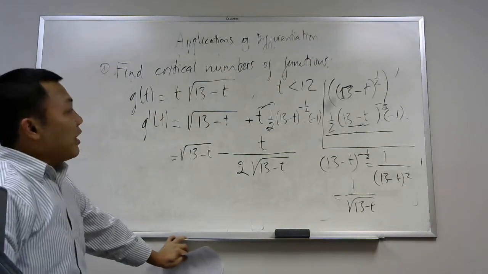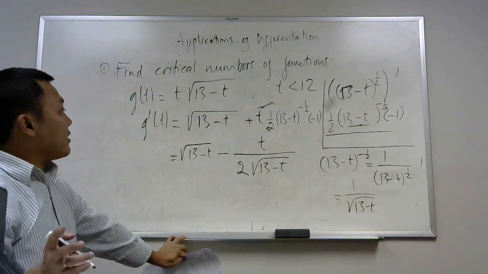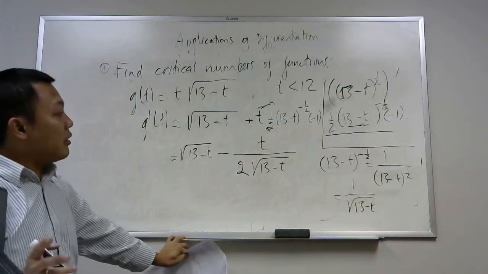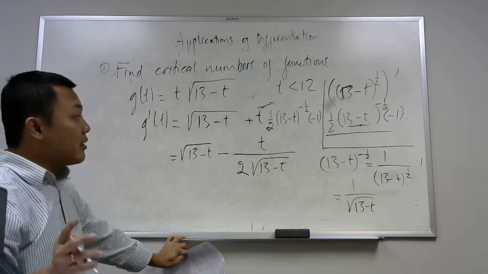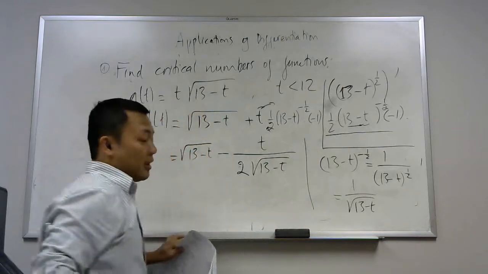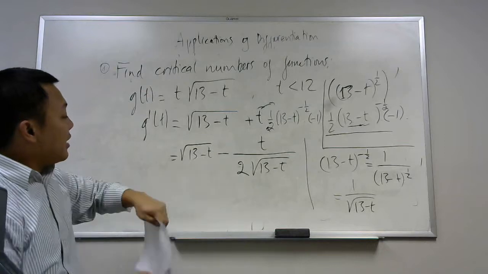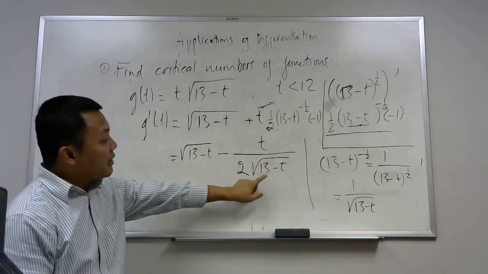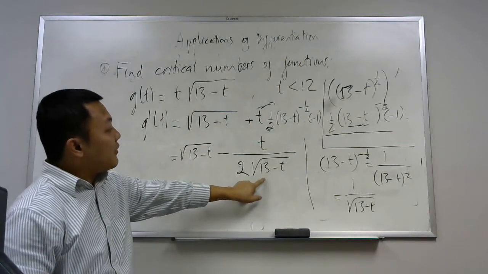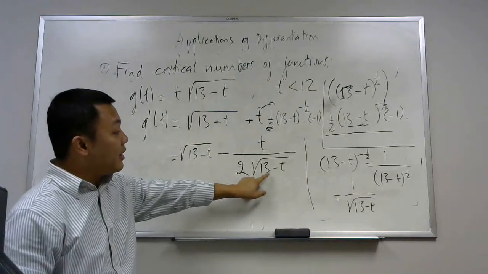Now we have to consider two cases. The first case, the derivative equal to 0, and the second case, the derivative does not exist. Probably the second case is obvious, because this function is not defined at 13.